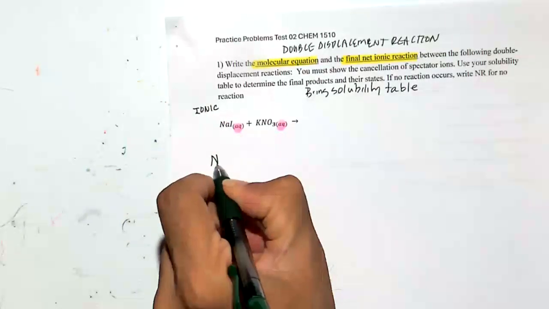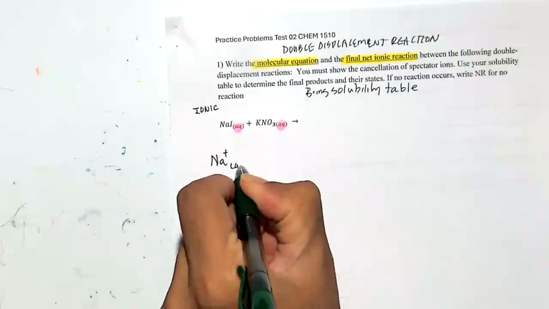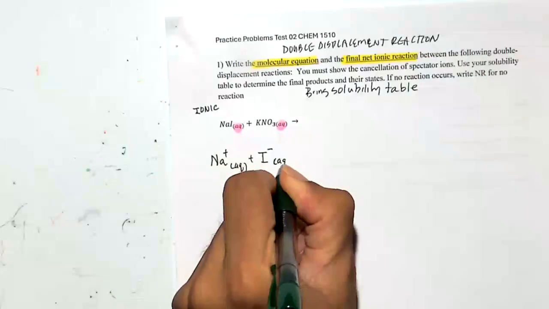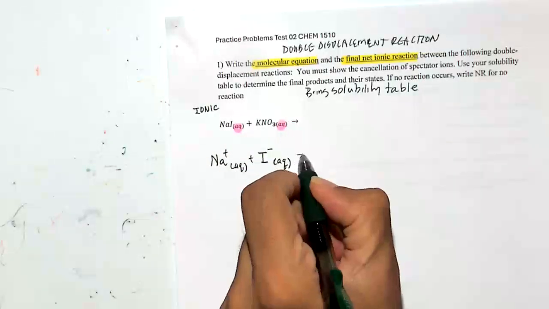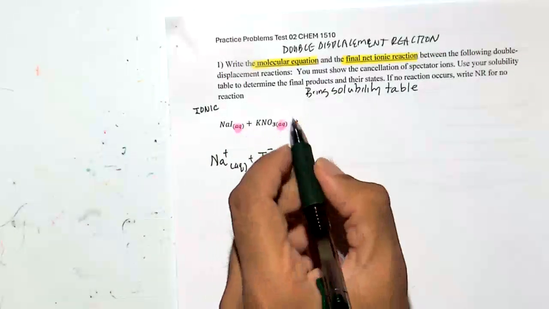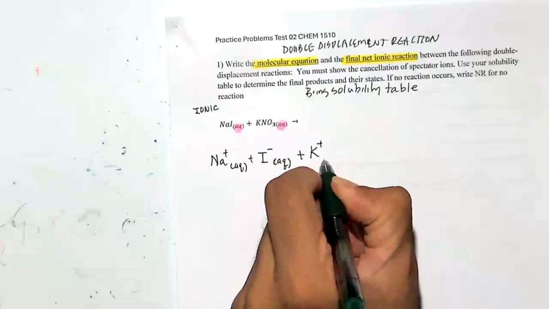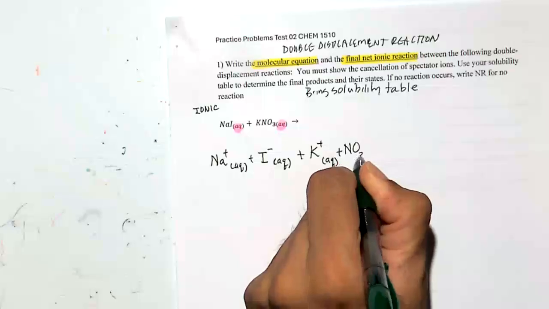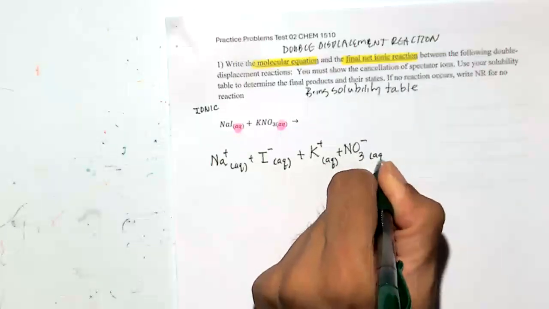So sodium iodide is actually Na plus, plus I minus. What do we know about all nitrates? Soluble, so they'll break down into K plus, NO3 minus.